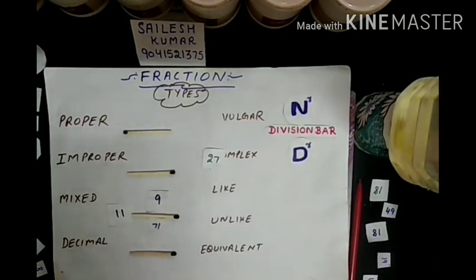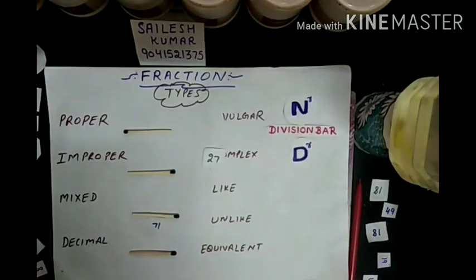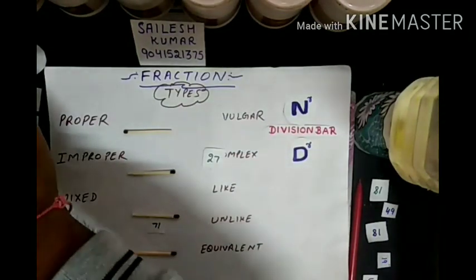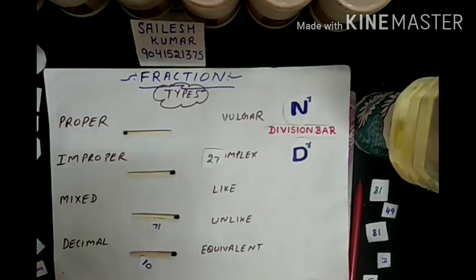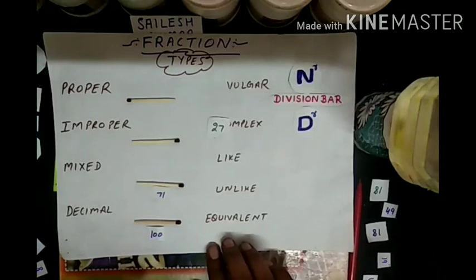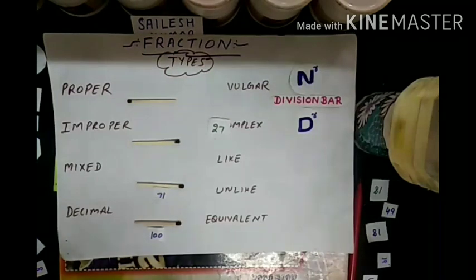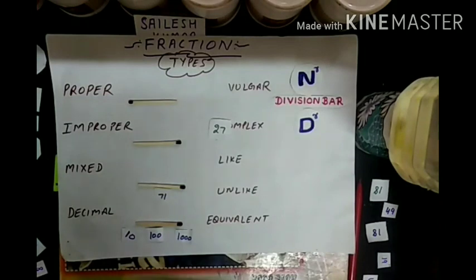Okay. Now what is a decimal fraction? In a decimal fraction, it depends upon the denominator, where the denominator should be 10 or 100. It may be 10, 100, 1000, 10,000, 1 lakh, 10 lakh, 1 crore or 10 crore.